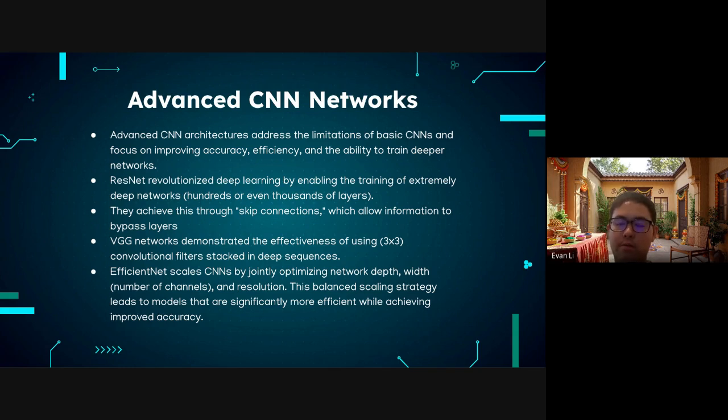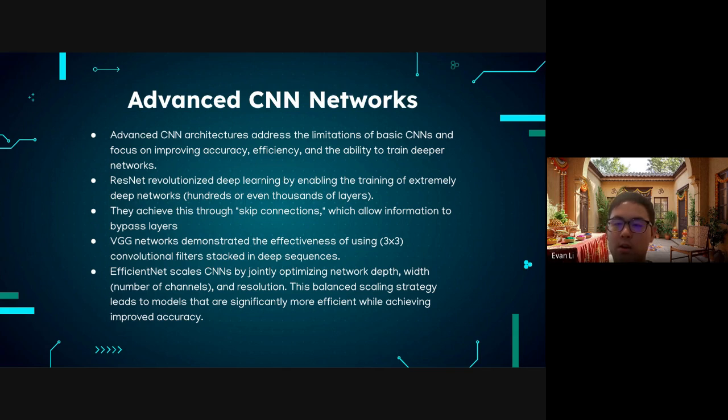VGG, or Visual Geometry Group networks, represent another influential architecture advancement. VGG networks, developed by the Visual Geometry Group at Oxford University, are characterized by their deep and strikingly uniform architecture. The defining feature of VGG is the emphasis on using exclusively small convolutional filters, especially 3x3 filters, throughout the network, stacked in deep sequences.